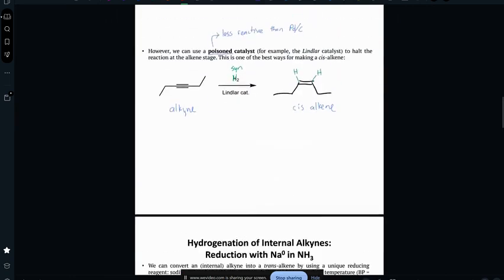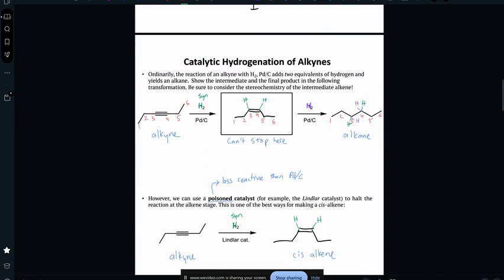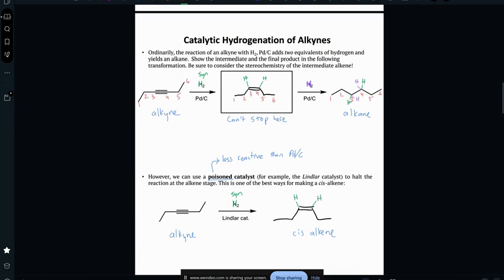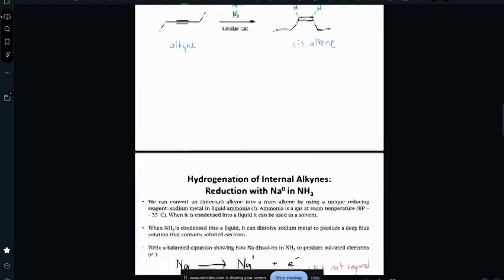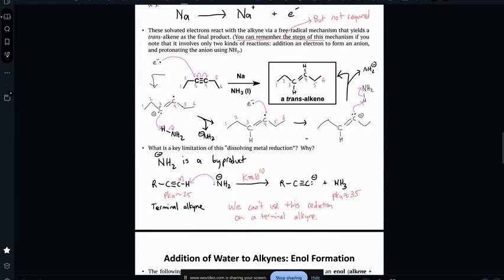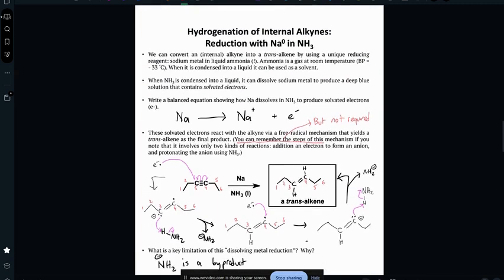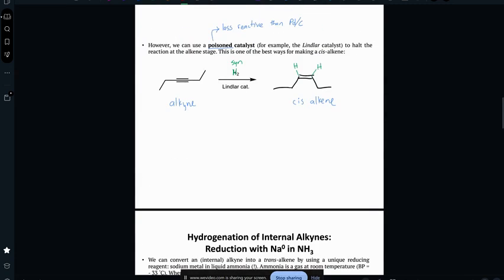So we can reduce alkynes to produce cis alkenes. We can reduce alkynes to make trans alkenes. If we want to reduce a terminal alkyne to an alkene, we would use this H2 and Lindlar catalyst.